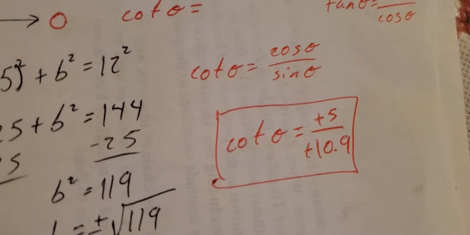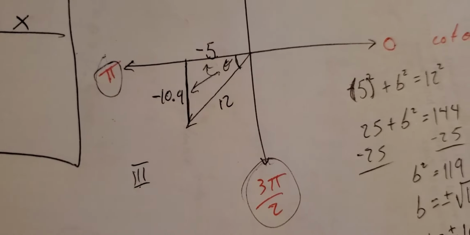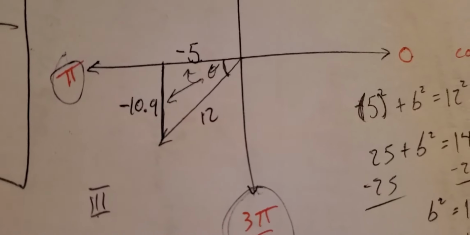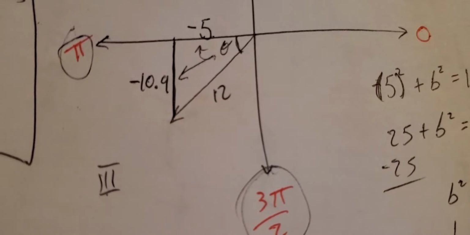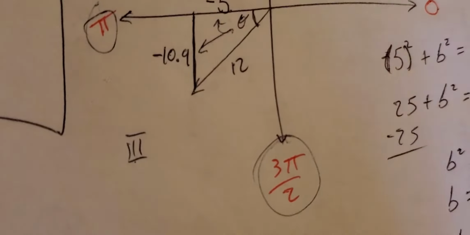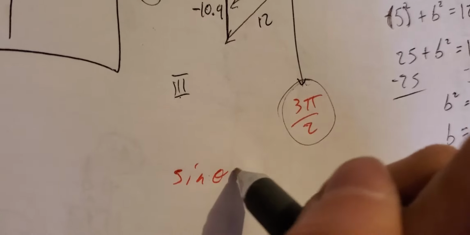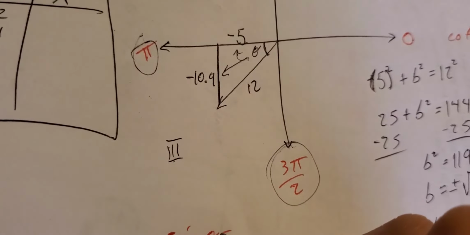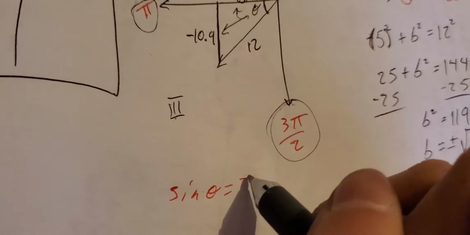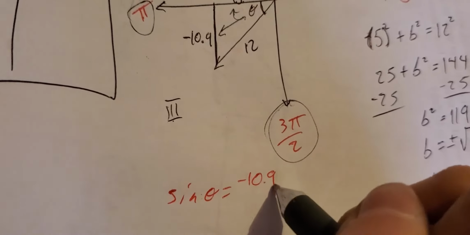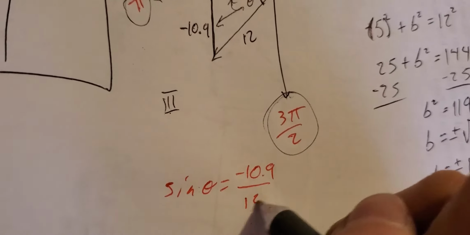Now, how did I do this? This might be a little bit confusing, but I hope that you get how to find this, which is the main thing. If you were trying to find sine of theta, it's just opposite over hypotenuse. Opposite is -10.9, and my hypotenuse is 12. That's it.